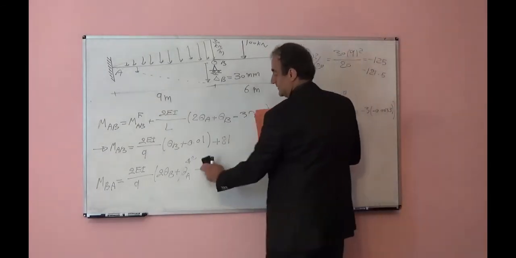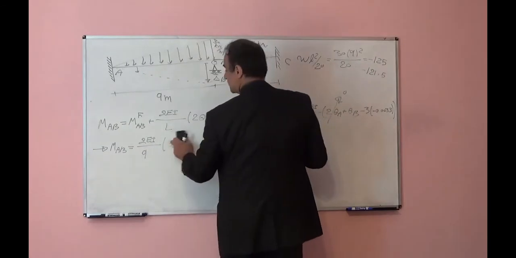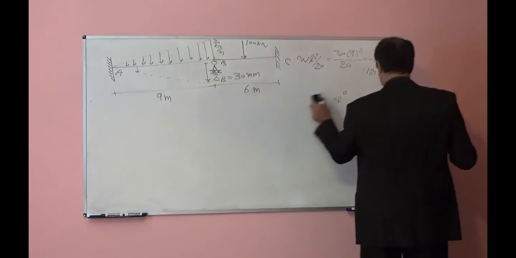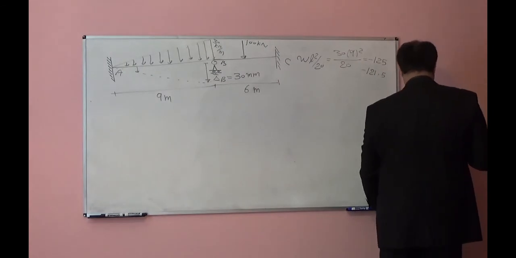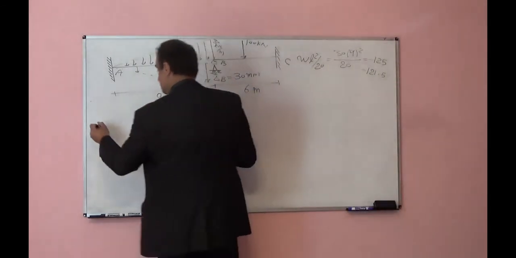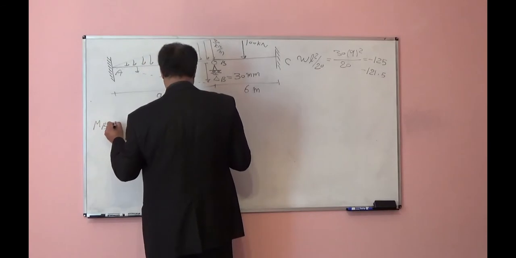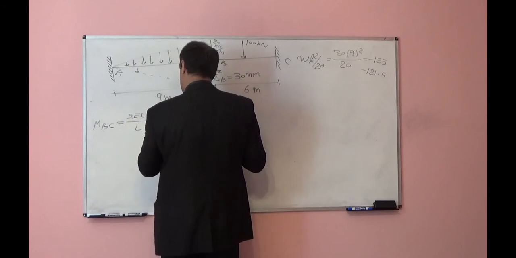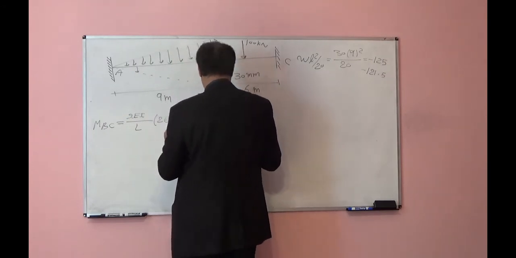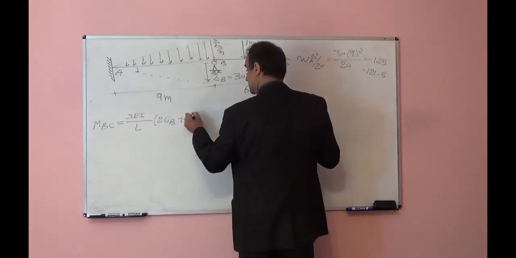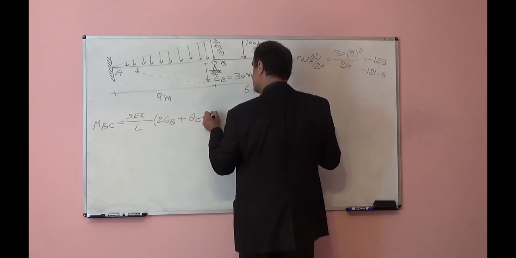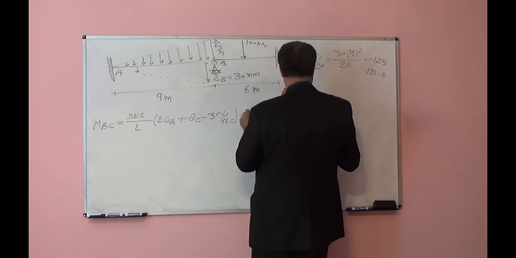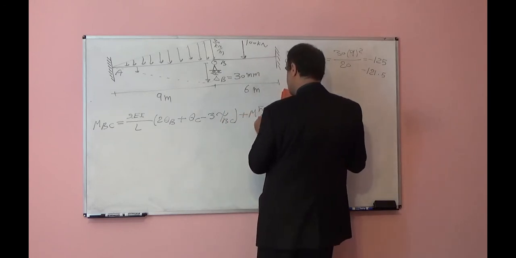Let's look at the slope deflection equations for span BC. For span BC, I can write M BC is equal to 2EI over L times 2 theta B plus theta C minus 3 psi BC plus M fixed BC.